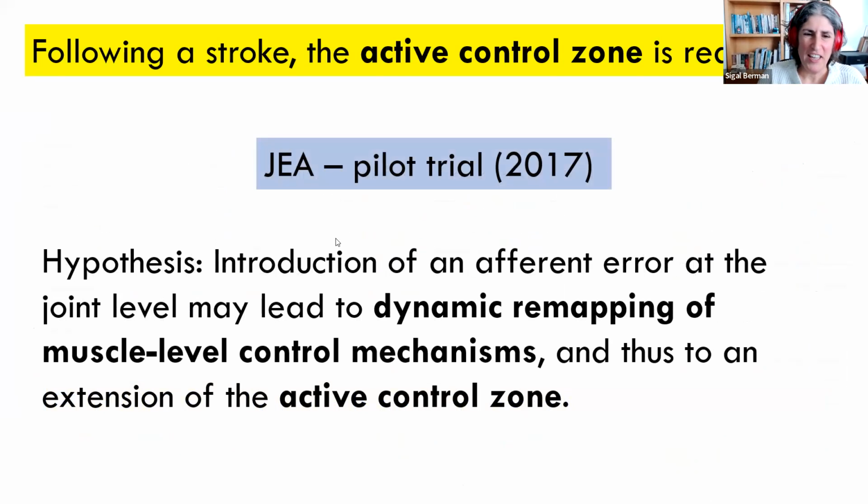Thanks. Okay, so second trial, we aimed at taking these thoughts a step further and perhaps training in a way that would lead to dynamic remapping of the muscle level control mechanism. We want to remap so that the active control zone is extended.